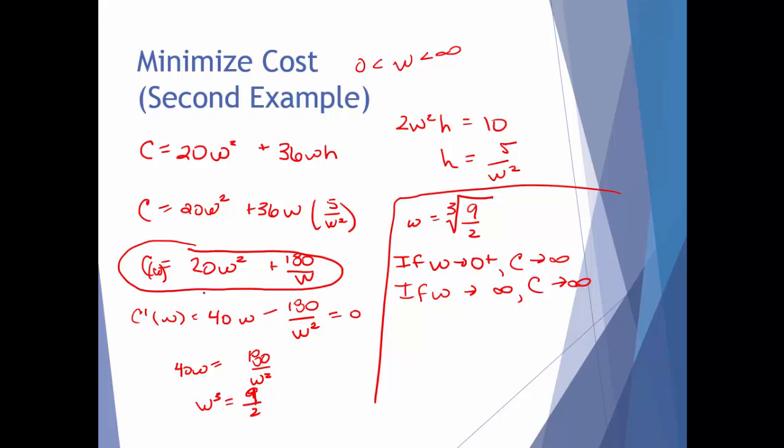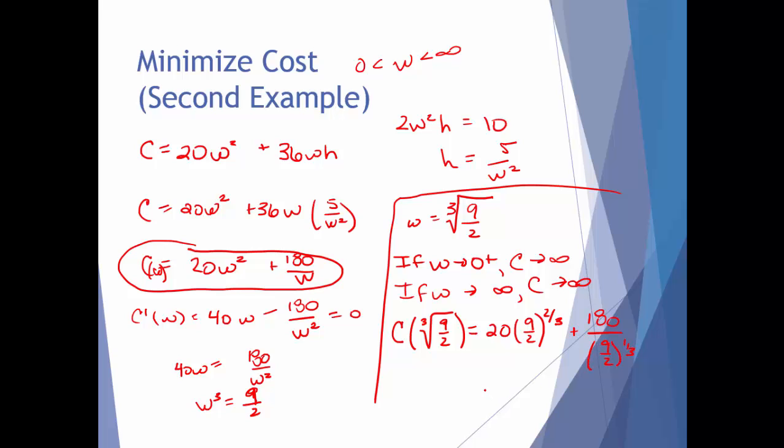So we're going to use our critical number to do it. So the cost in that case, which is what it's asking for, it didn't ask me for dimensions, it asked me for the actual cost. What I'm going to do is plug the cube root of 9/2 into this cost function. So we get 20 times 9/2 raised to the 2/3 plus 180 over 9/2 raised to the 1/3.